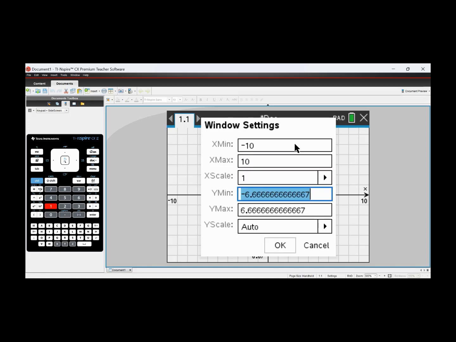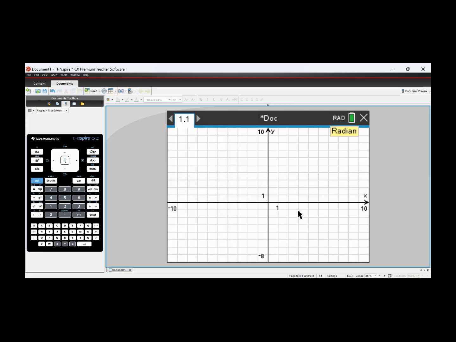Then I'm going to tab. My Y-min is negative 8, tab. And then my Y-max is 10, and we also counted by 1. Okay, so here we have all that. We click OK. Now our graph paper is the same size as the graph on the paper.